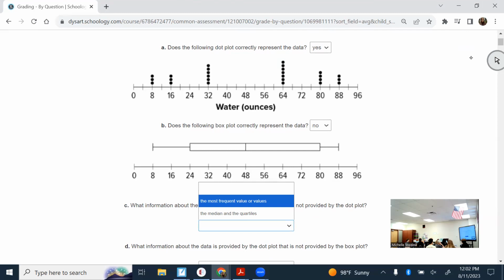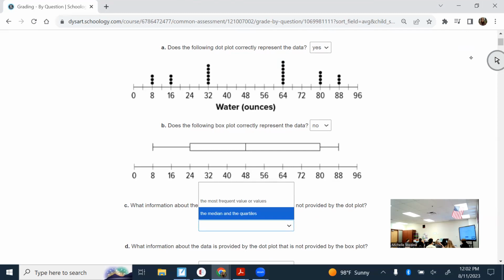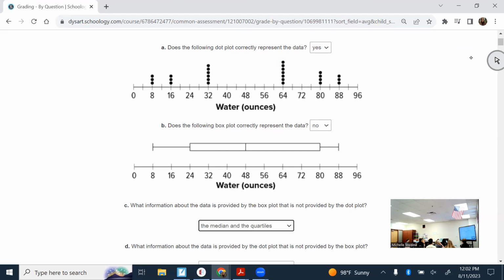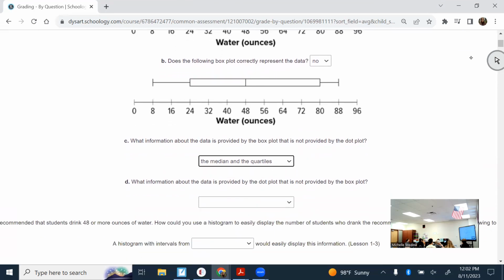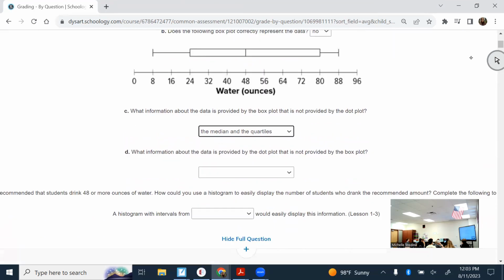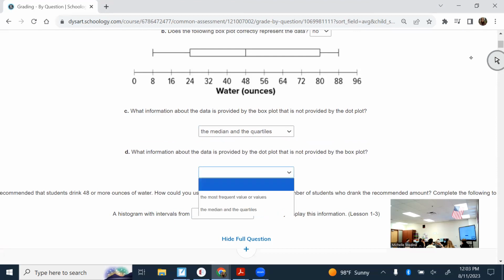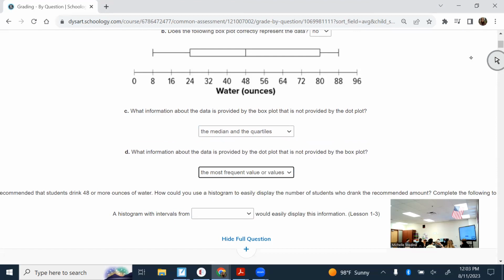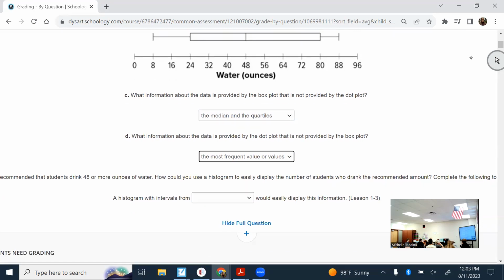Most frequent value or values, or the median and quartiles? Okay, good, because remember we said box plots don't even show us how frequent something is. It just shows us a summary. And then what information about the data is provided by the dot plot, but not the box plot? Good, things like the mode you could better see on a dot plot that shows you all the data.